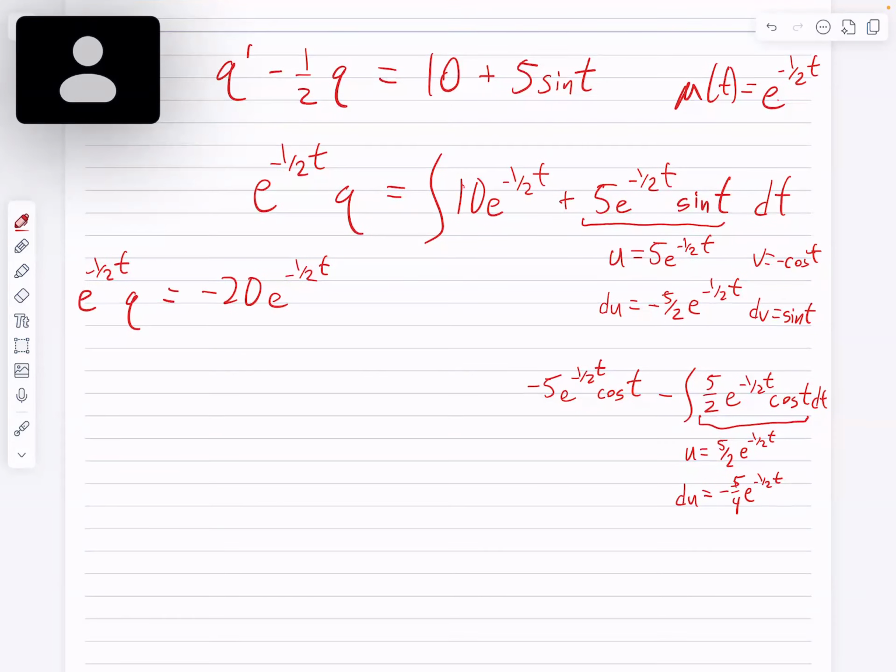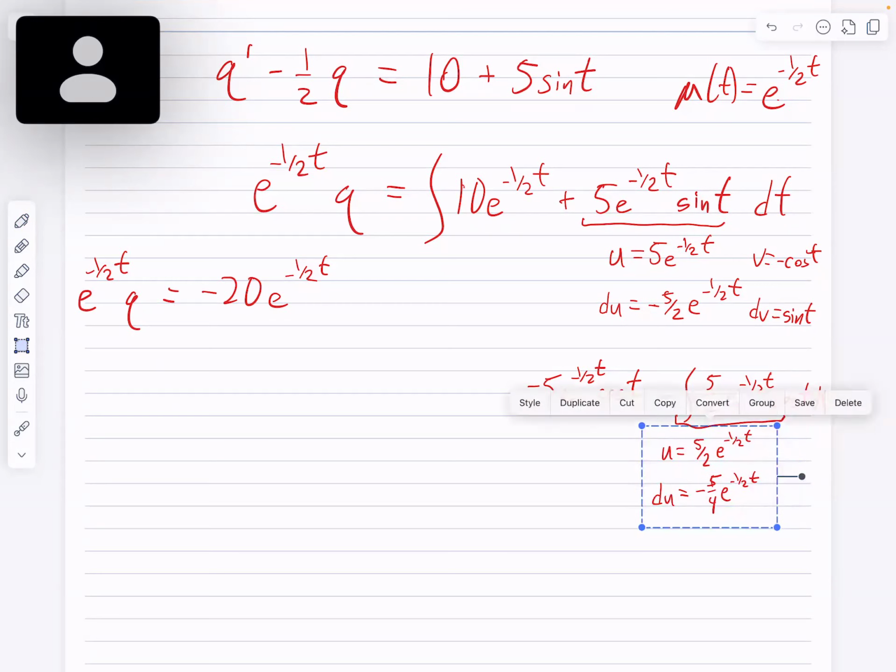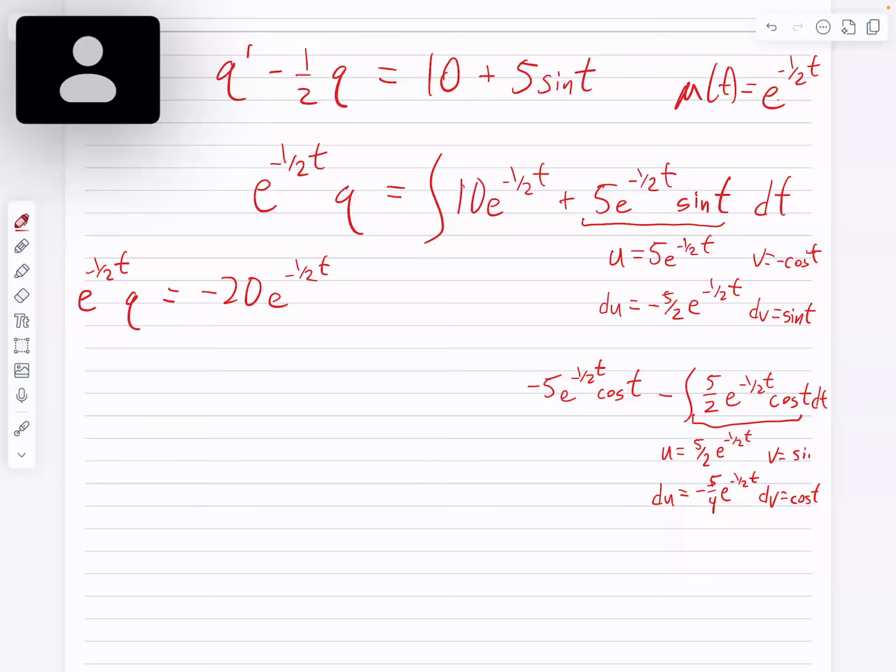Why 1/4? 5/4. I should move that over so it fits. dv is cosine t, so that means v is sine t.